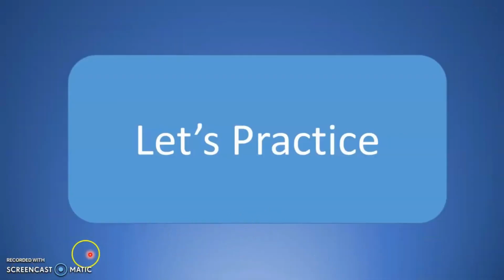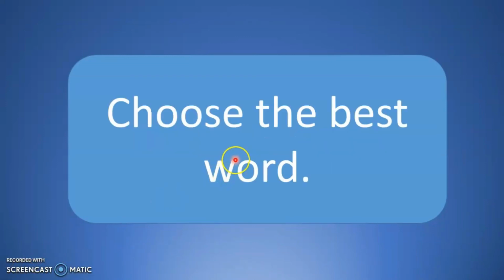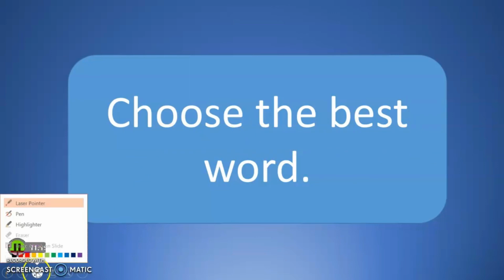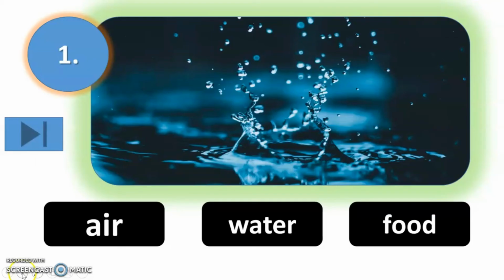So we have an activity. Let's practice. Are you ready? Okay, let's go. Choose the best word that represents the picture. So the best word is, what do you call this one?